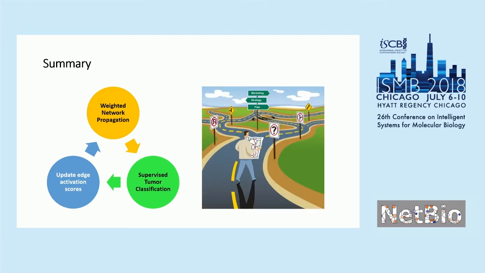I want to emphasize the cartoon that I showed early on in this talk. The random walk is like a person on this very complex roadmap, right? The person relies on the information on the map or on the signposts to determine which way to go.